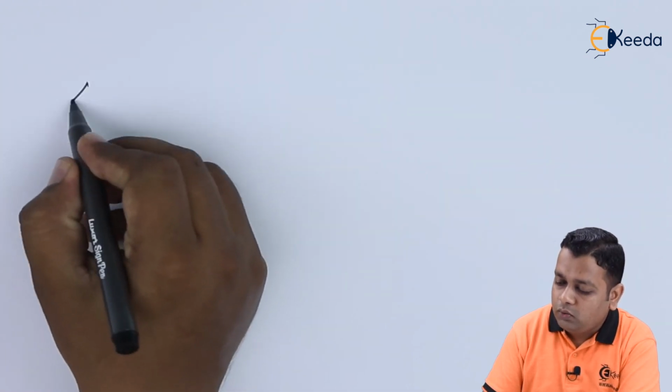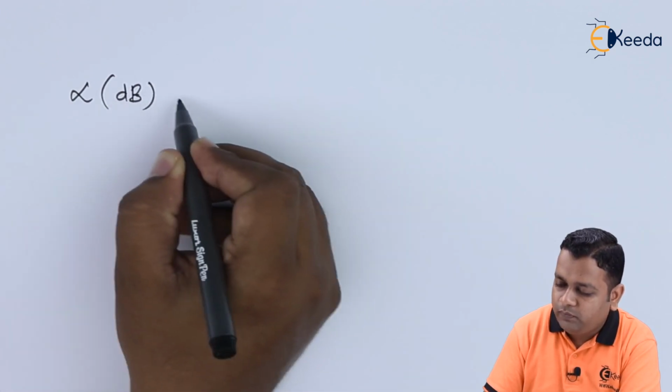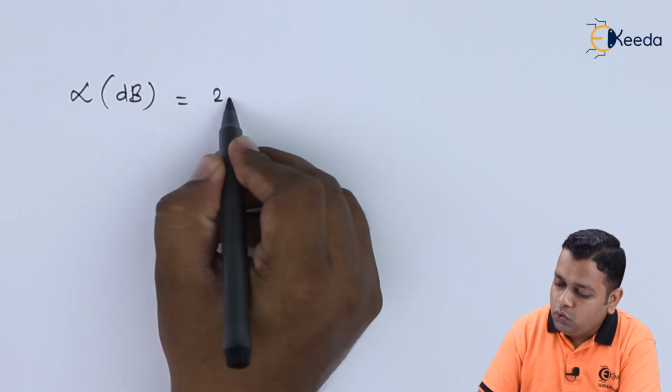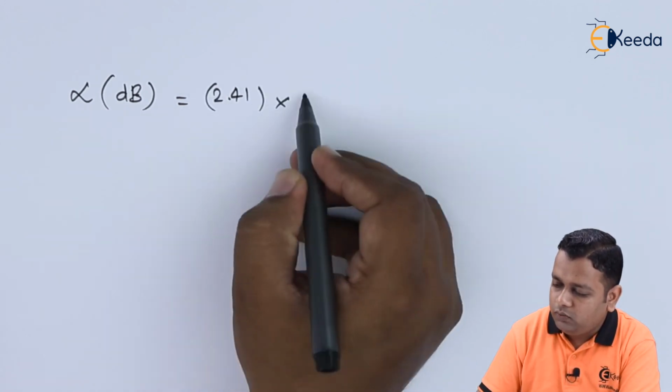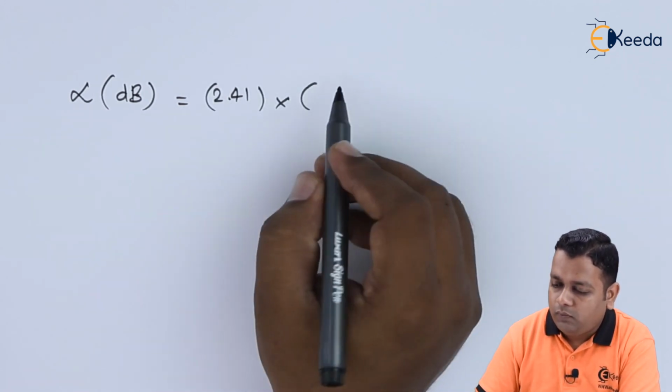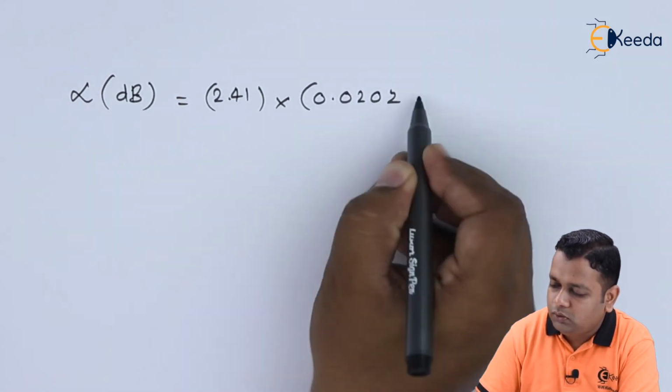Therefore, to determine the total attenuation in decibels per wavelength, we represent alpha in decibels as 2.41, the value we obtained, multiplied by the wavelength in meters, that is 0.0202.